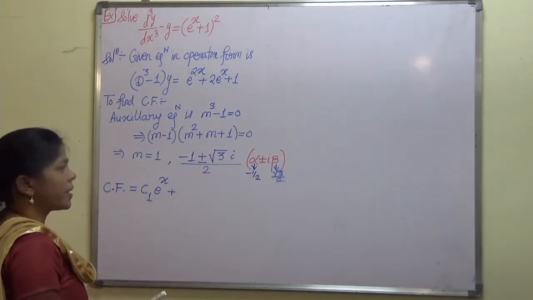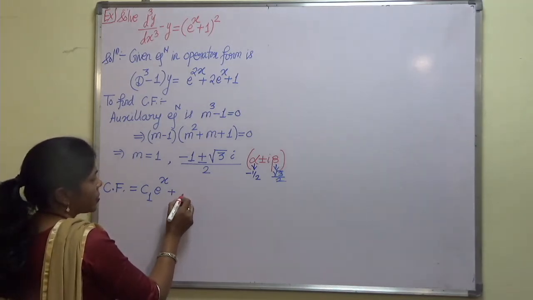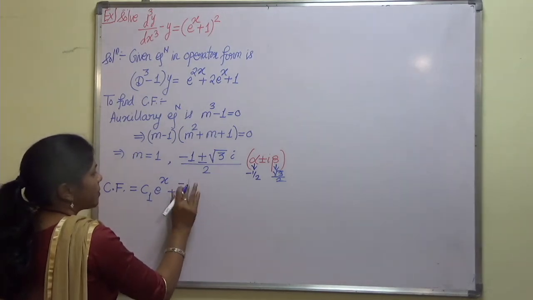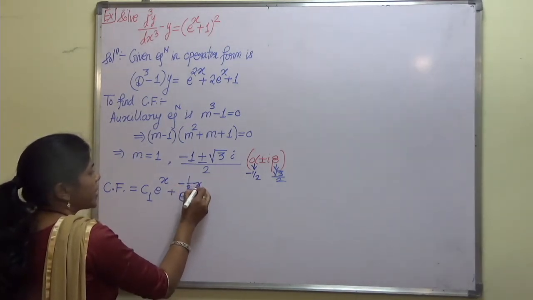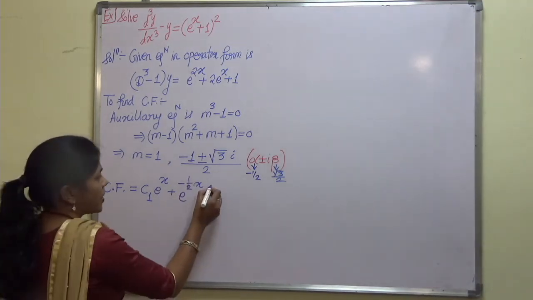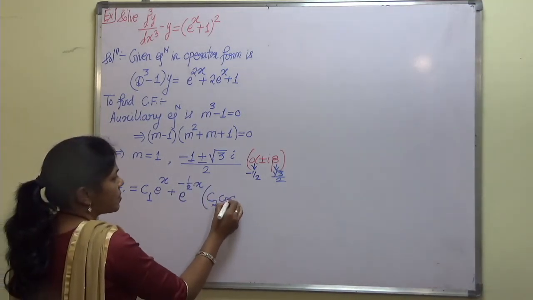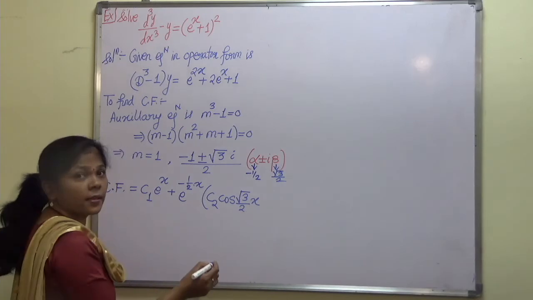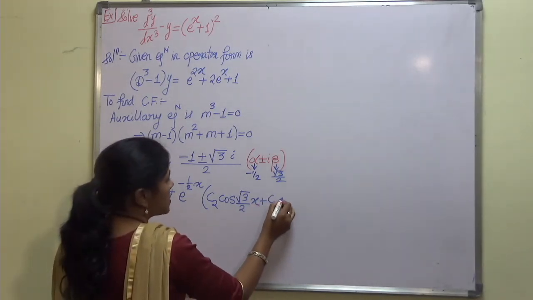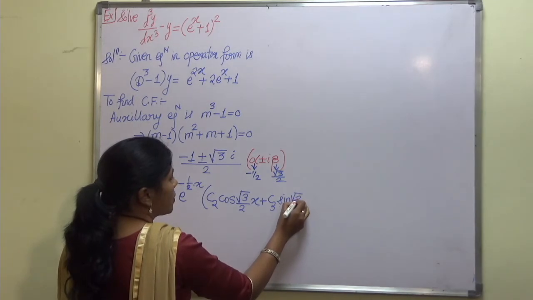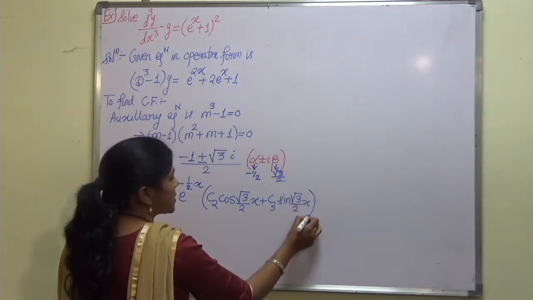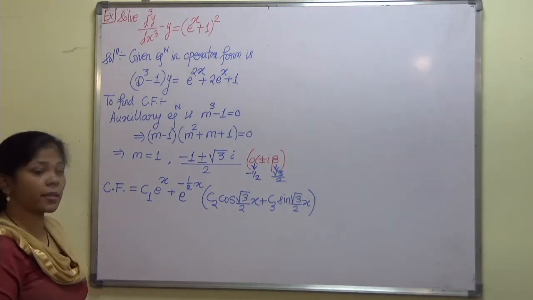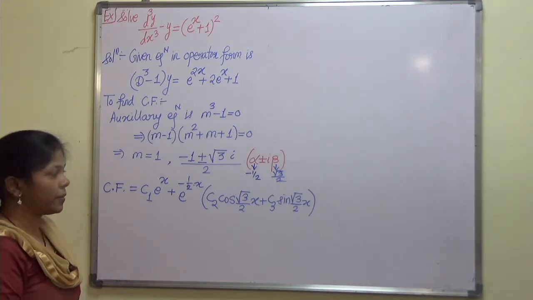So accordingly we will write the complementary function. It is e^(−x/2) times [c2 cos(√3/2 x) + c3 sin(√3/2 x)]. Okay. So like this, by applying the set of formulas we will have the complementary function.